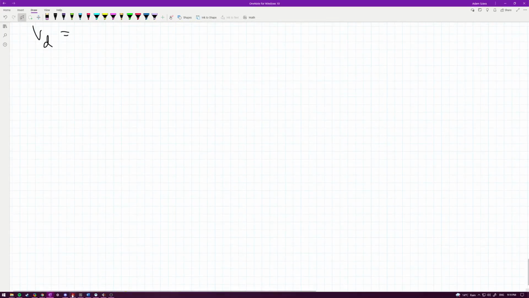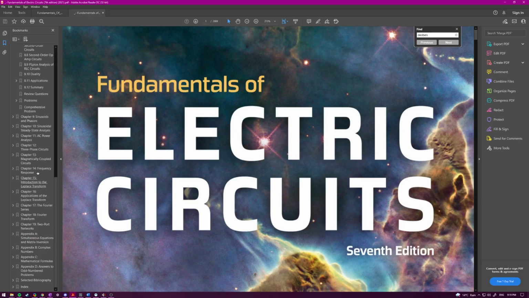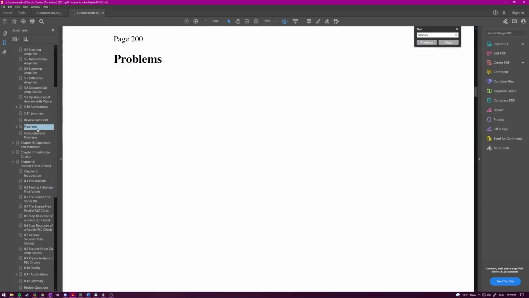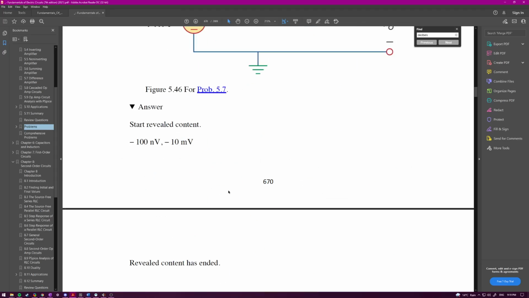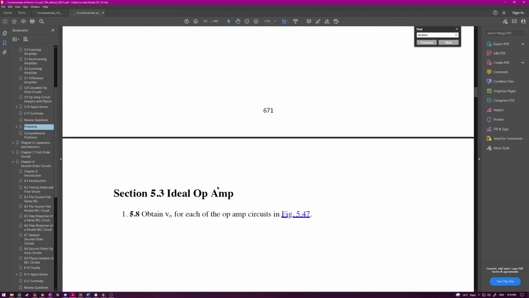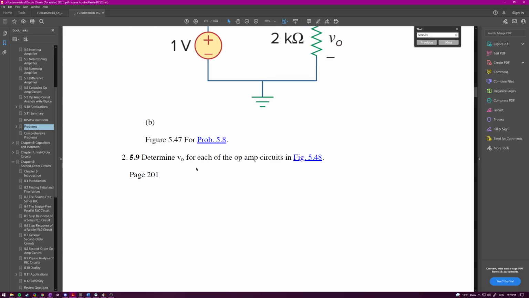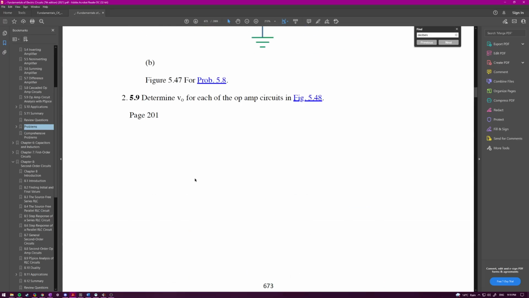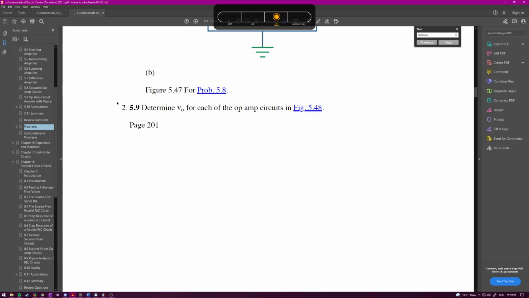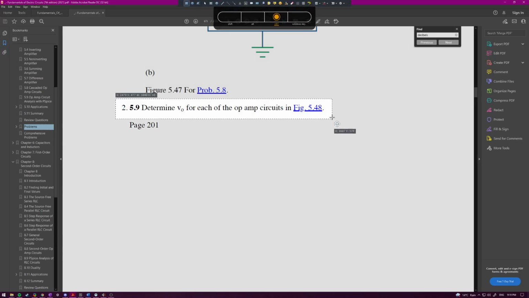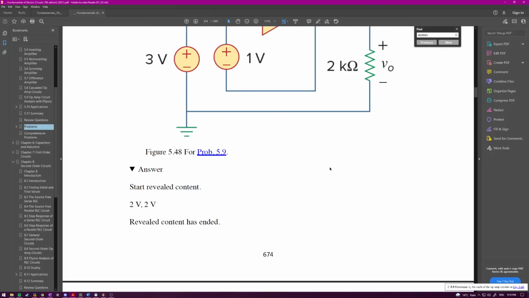Let's take a look at 5.9. Okay, so now we're in ideal op amps, which is good. Determine VO for each of the op amp circuits in this 5.48.